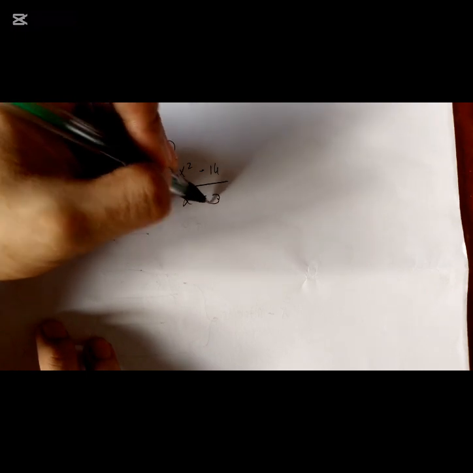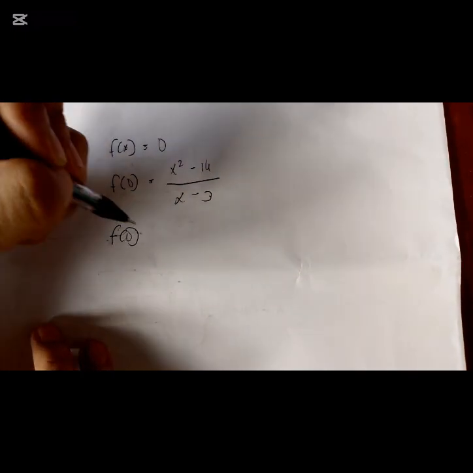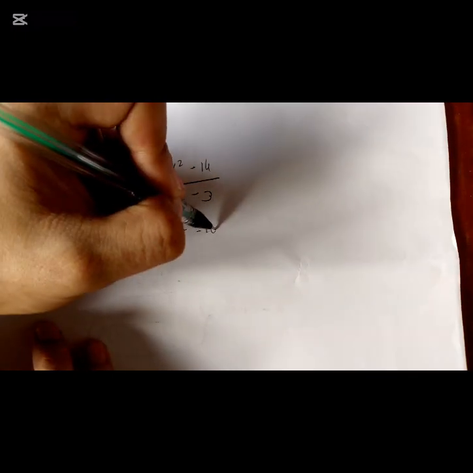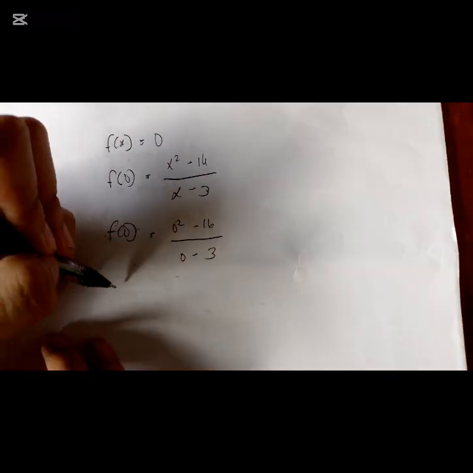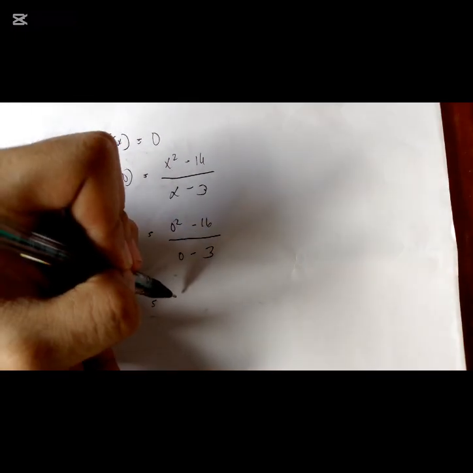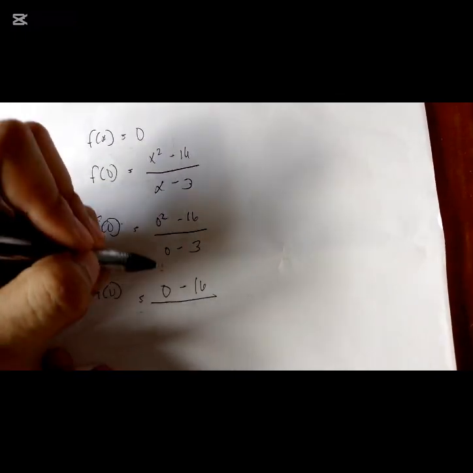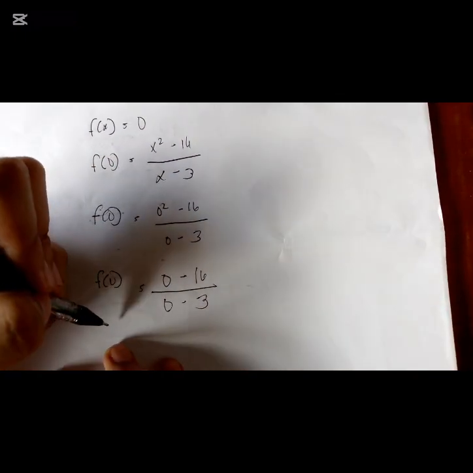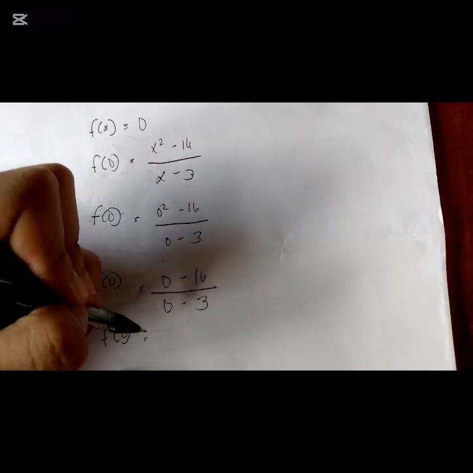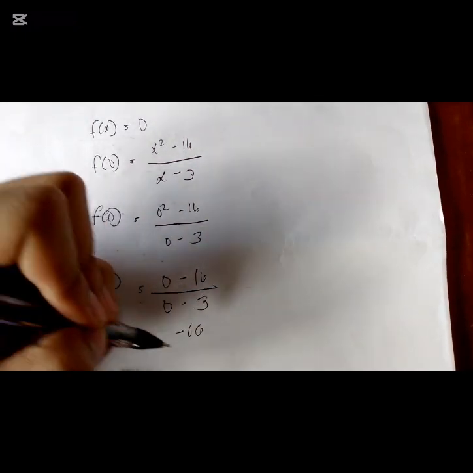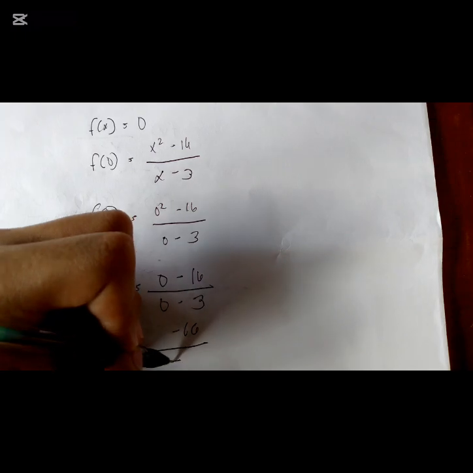So f of 0 equals 0 squared minus 16 over 0 minus 3. 0 squared is 0, minus 16, copy, and then 0 minus 3. So 0 minus 16 equals negative 16, and 0 minus 3 equals negative 3.